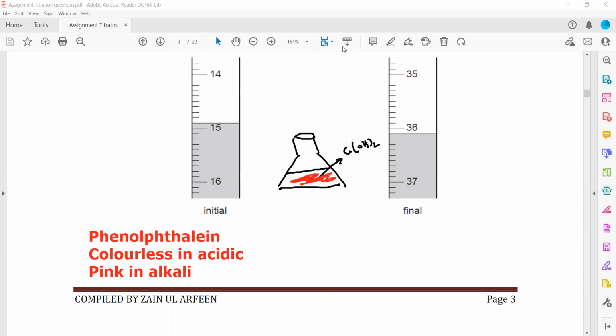Now from the burette, we are adding HCl. When we add HCl, it starts to react with calcium hydroxide. The solution color will get lighter as the amount of calcium hydroxide decreases. But once all of the calcium hydroxide has reacted, the solution will instantly show a color change because there is no more calcium hydroxide.